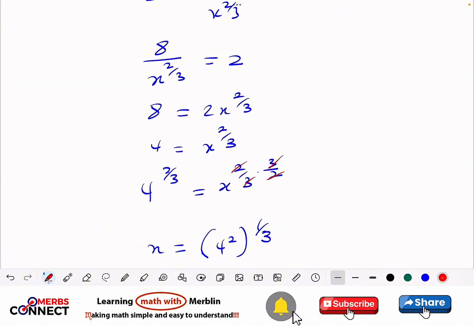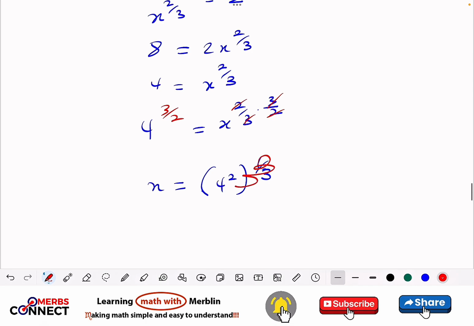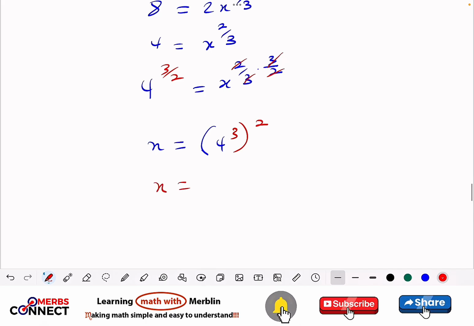So this one too should be 3/2. So 4 to the power 3/2, which is the square root of 4 cubed. 4 cubed is 64, and the square root of 64 is going to give us 8. So this is going to give us plus or minus 8.